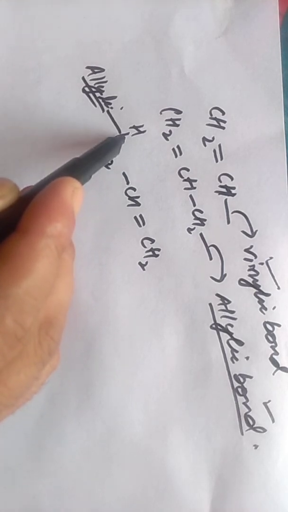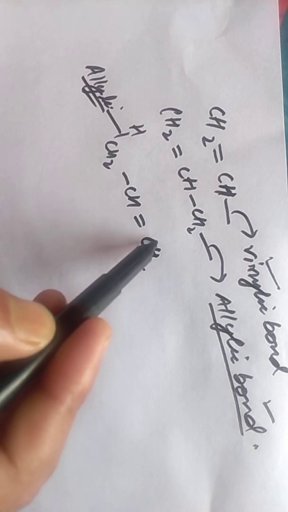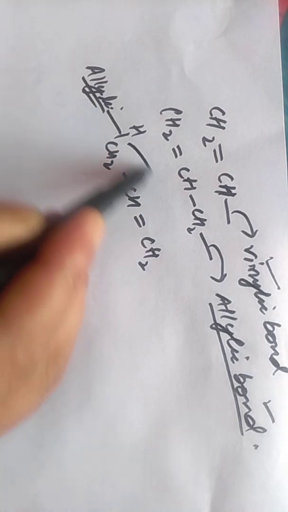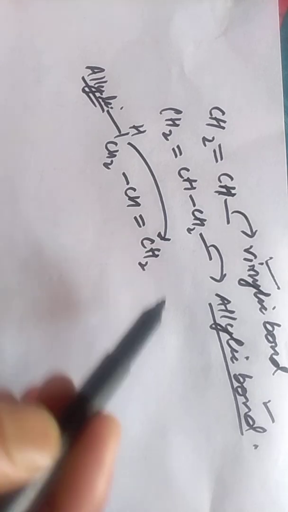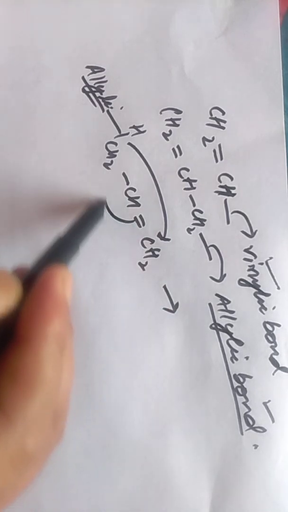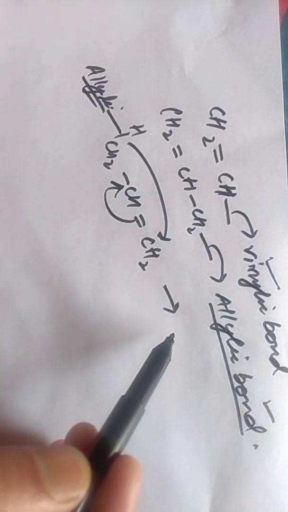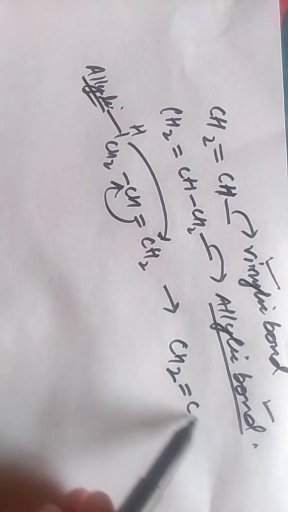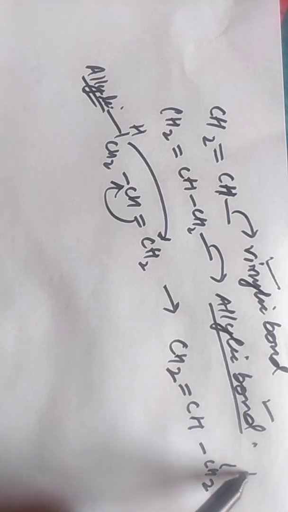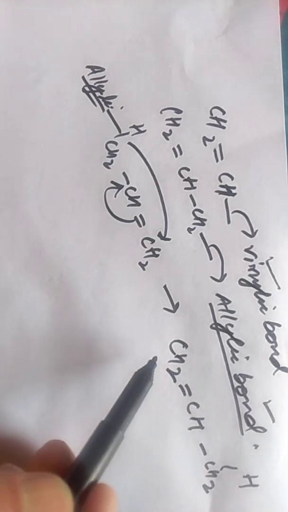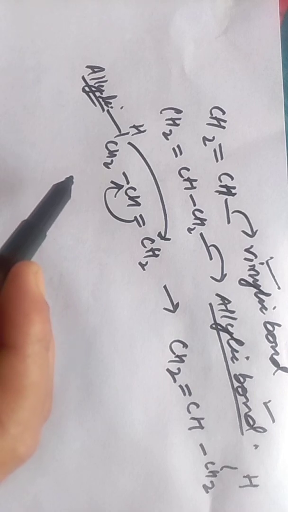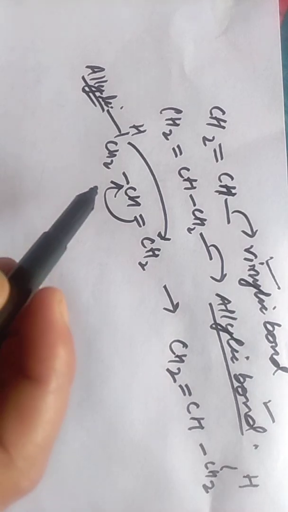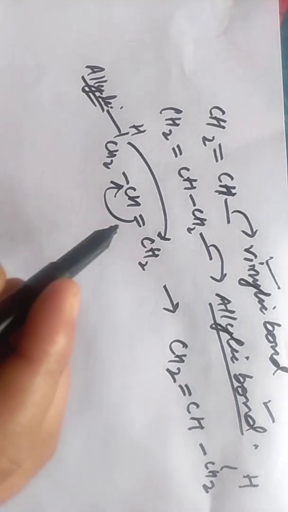So this bond shifts to this end. And this bond shifts to this side, and we get the product like this. And if the sigma bond is at the center, it migrates to the adjacent position.